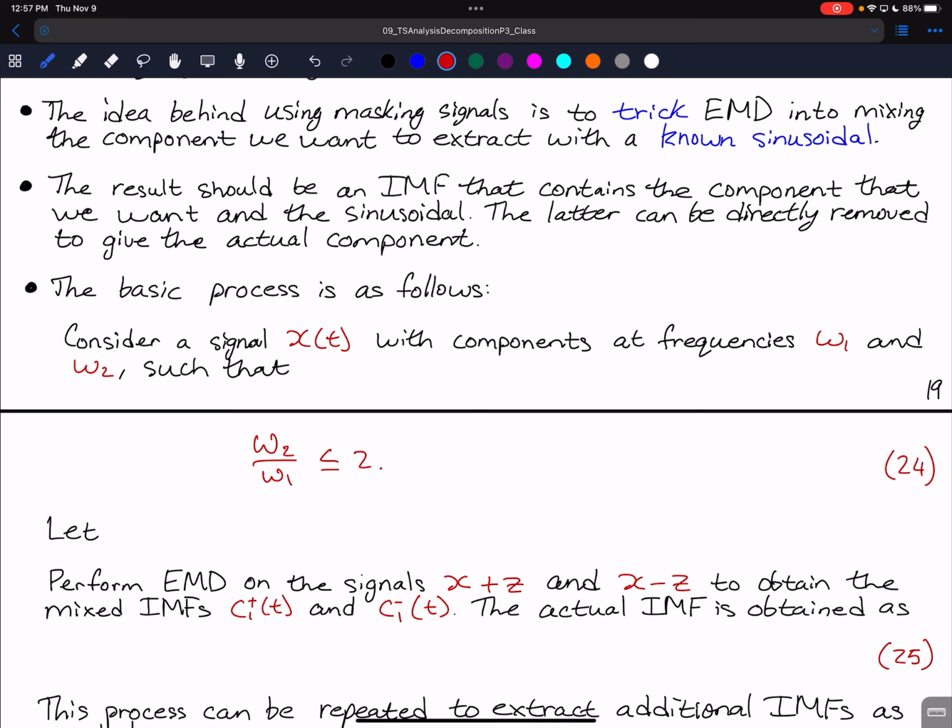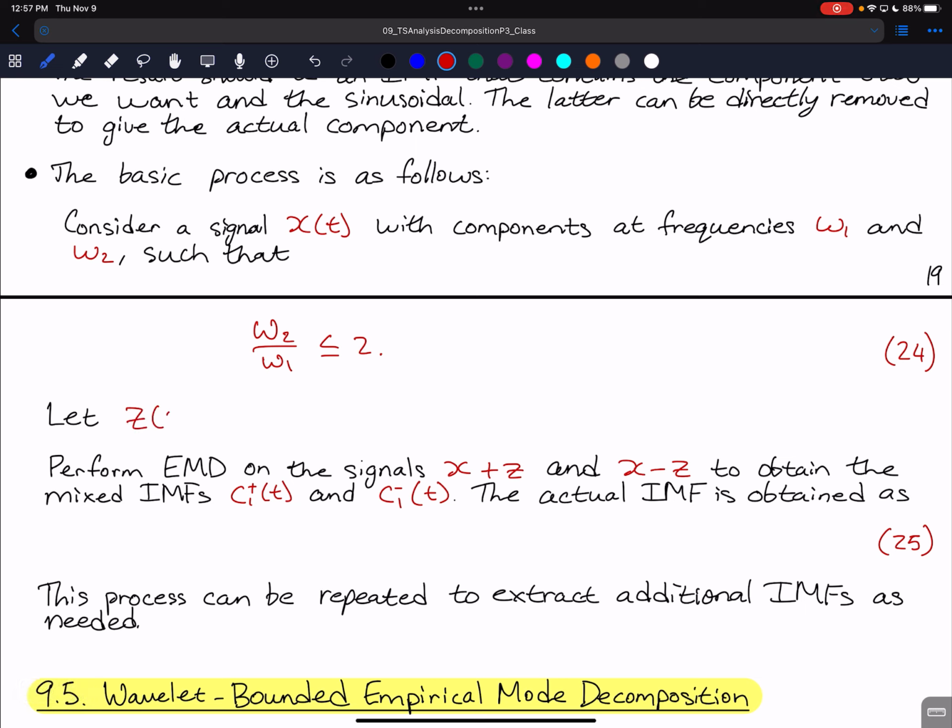And then we'll say that z of t is equal to big A times the sine of B times omega 2 t, where A is just some real number and B is greater than 1. So the sinusoidal has some frequency that is above omega 2, but should still be pretty close to omega 2. From there, we're going to perform EMD on the signal x plus z and x minus z.